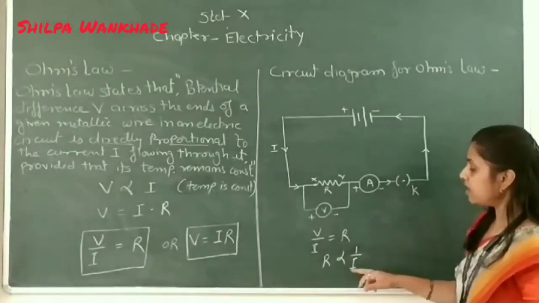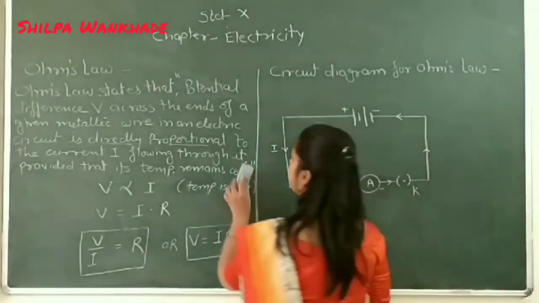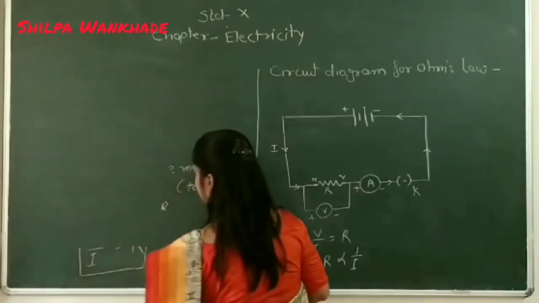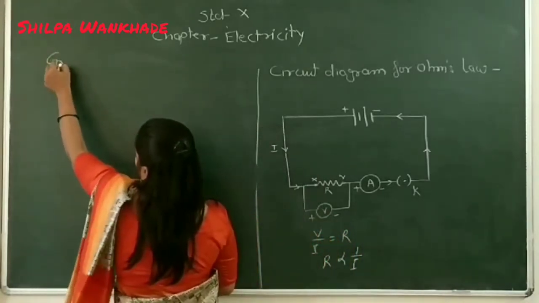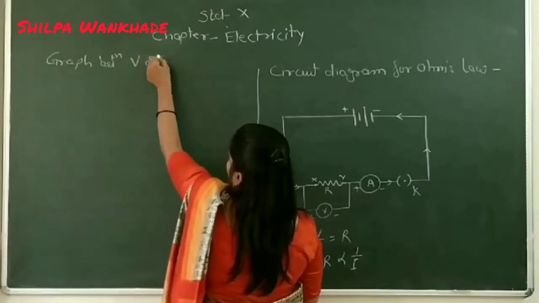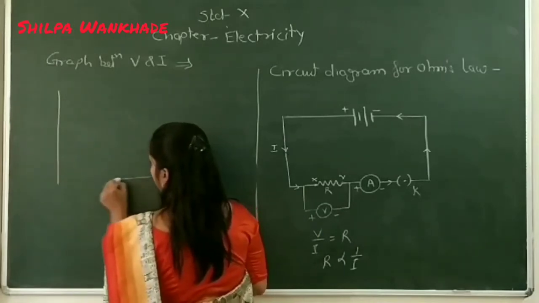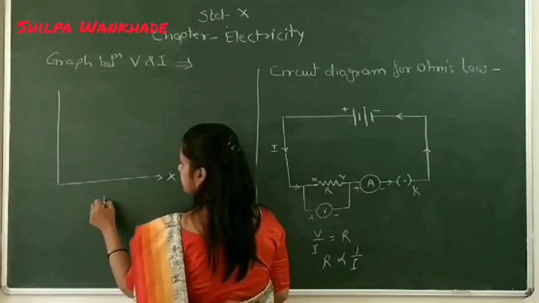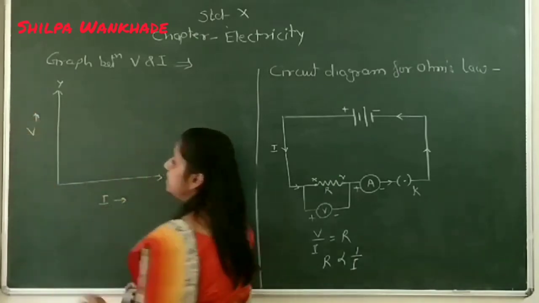Now we draw a graph between potential difference and current. Along the x-axis there is current and along the y-axis there is potential difference.